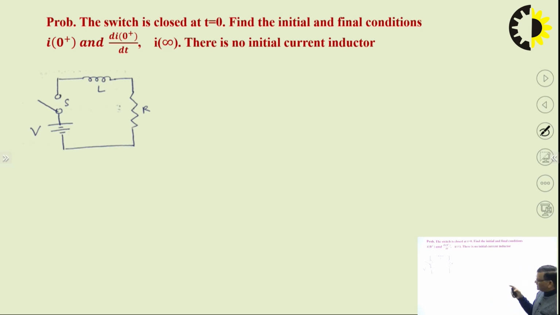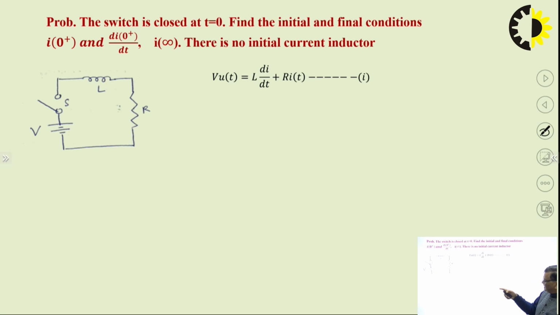So it is better to write the equation for the given RL circuit for any time t, then differentiate it and put t equal to 0 plus, and we can get the value of di(0 plus) upon dt. Whether it is the first or second derivative, it is better to write the equations for any time t. It is a first order equation, so we have only di upon dt. This is the equation, simple.